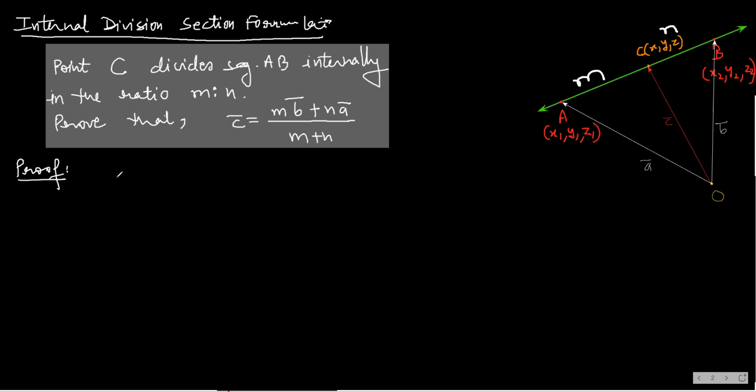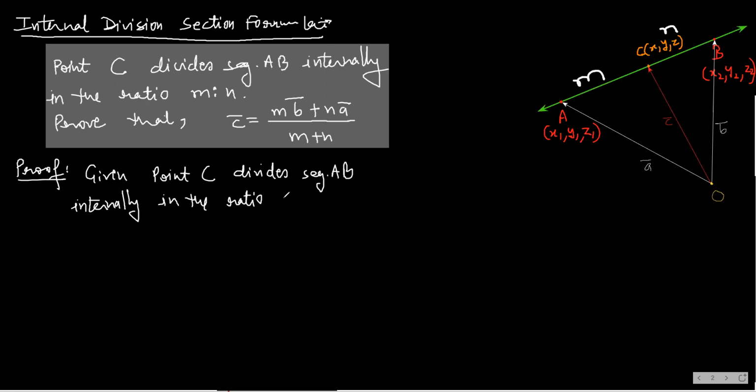Given: point C divides segment AB internally in the ratio m is to n. Therefore we can write, which point is the point of division?